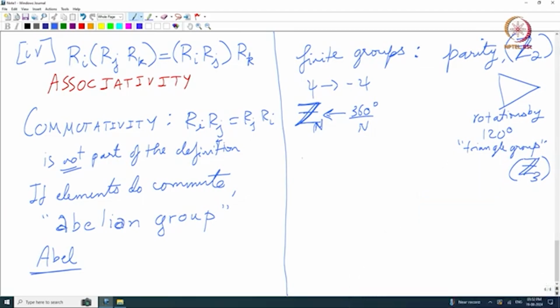On the other hand, I can have infinite groups with infinite elements in them, right. What is a very simple example? We just mentioned it as I was writing down the properties. Addition, but not just any addition. Addition among integers, correct.